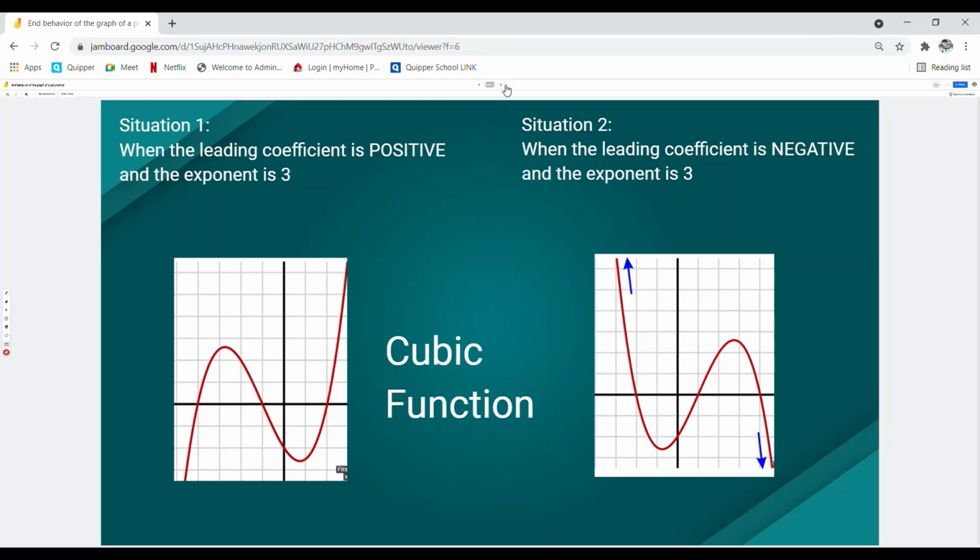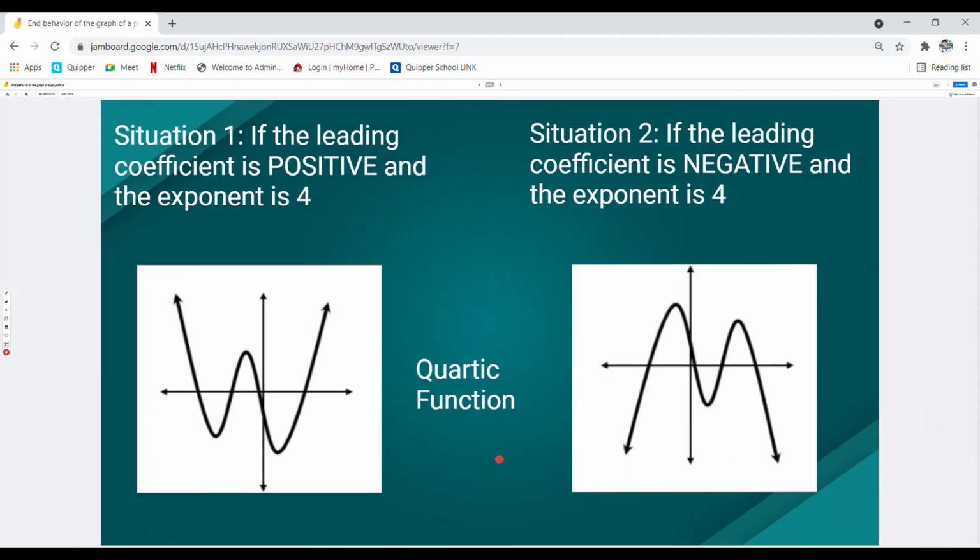Now let's proceed to the quartic. In a quartic, as I told you, there must already be 3 curves: 1, 2, 3. 4 minus 1 is 3. But if the leading coefficient is positive and the exponent is 4, just like quadratic, it's even, right?